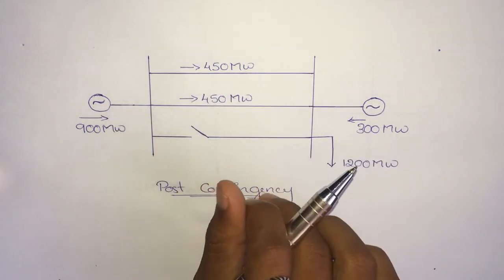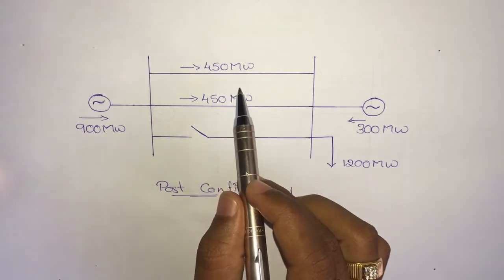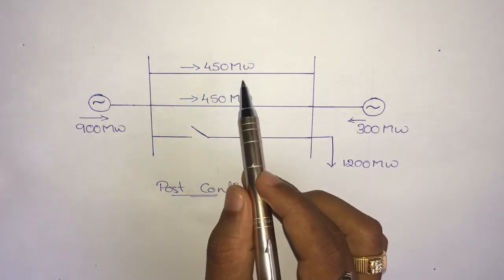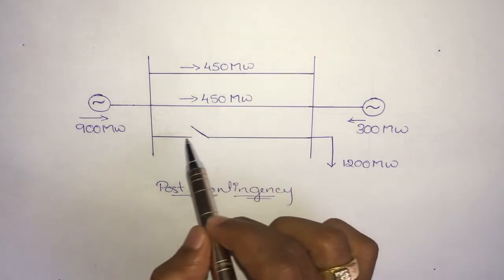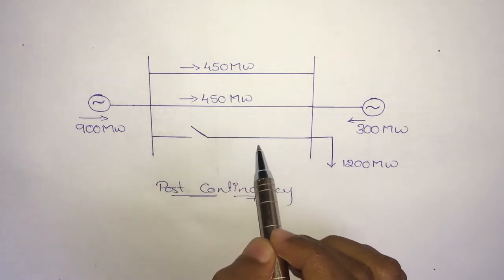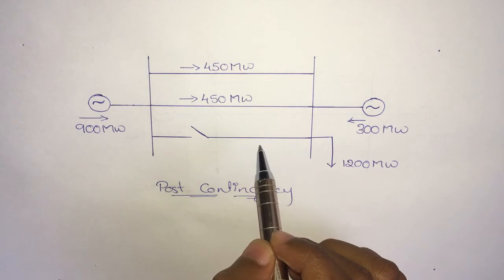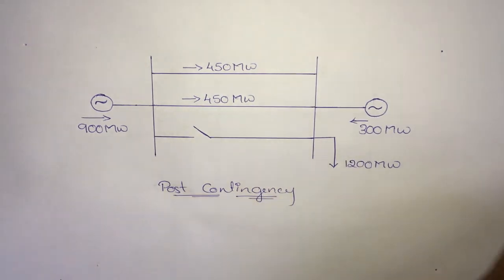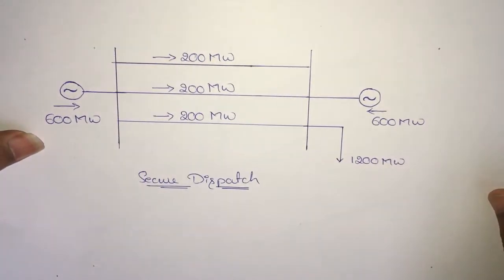To overcome this, when two lines are overloaded, we need to make sure these two lines are not overloaded. We need to clear this fault and make sure each line is carrying equal power. That state we call secure dispatch. Third state.